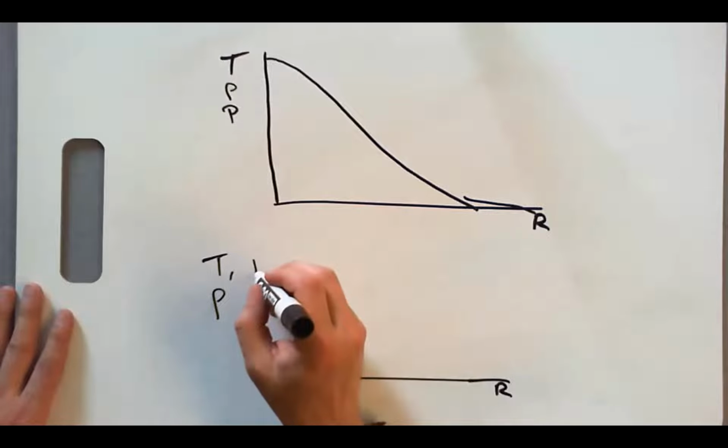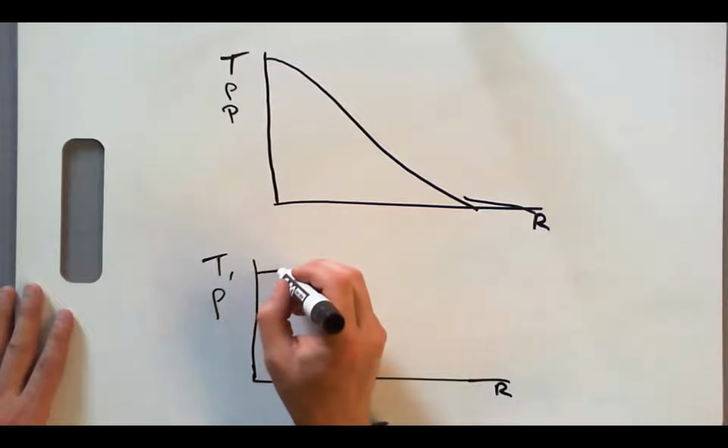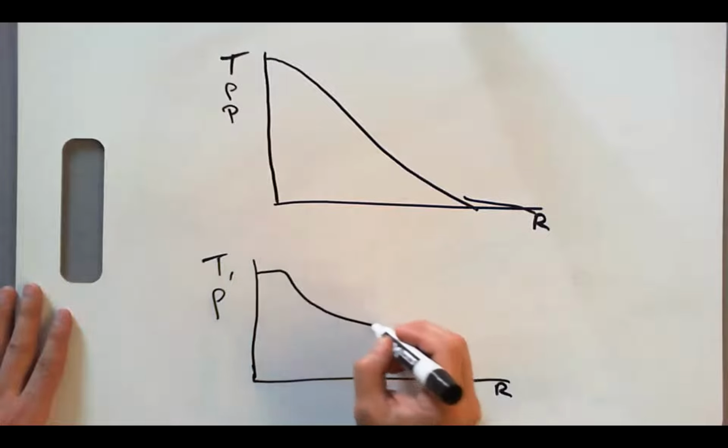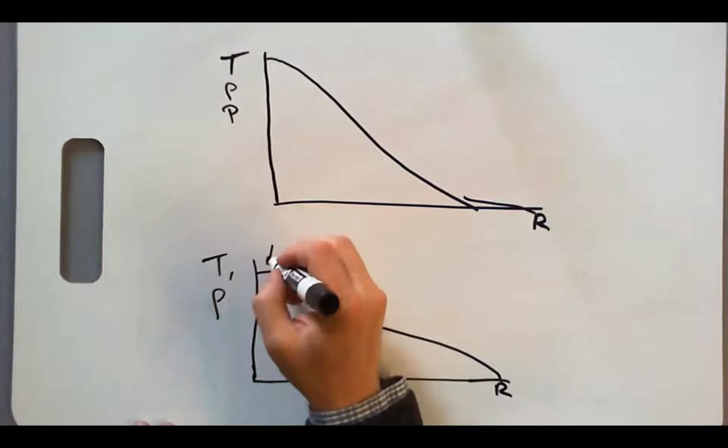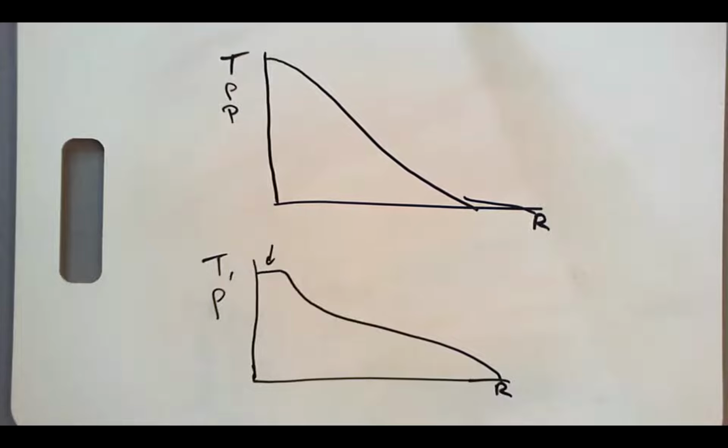So there's a region at the center of the star that all has about the same density, temperature, and pressure. And it's this that sets up something very different than where we were before.